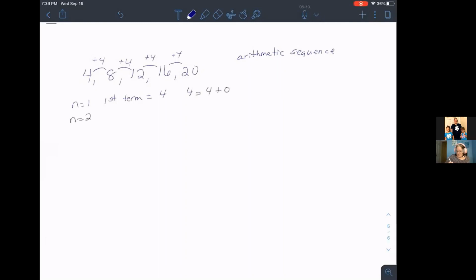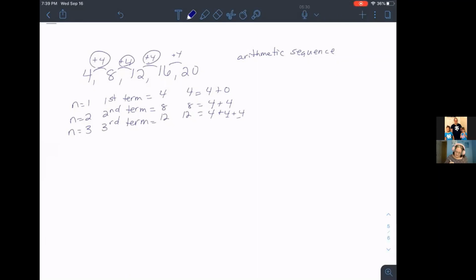If n is 2, our second term is going to be 8, so 8 is equal to 4, our starting term, plus our difference of 4. Our third term equals 12, so 12 is equal to 4, the starting term, plus 4 plus 4, which is our difference.